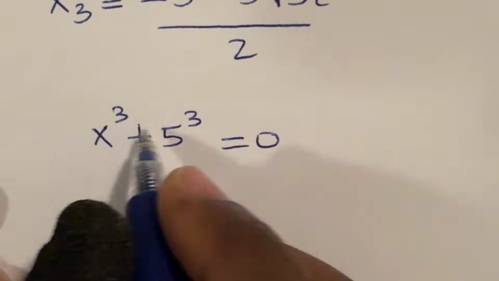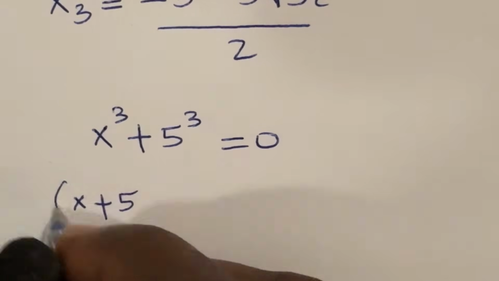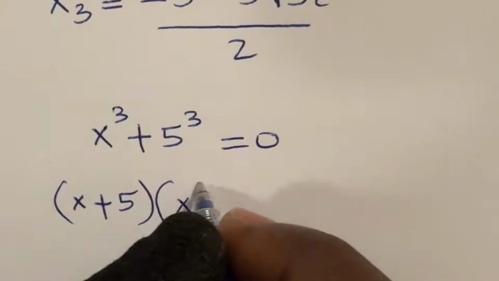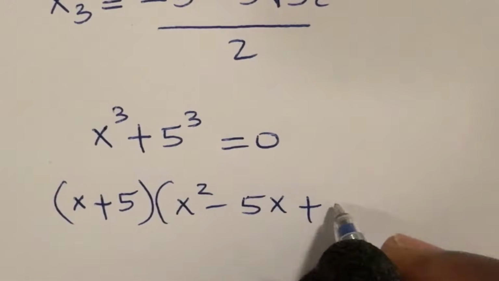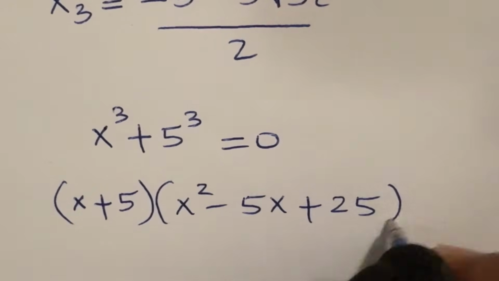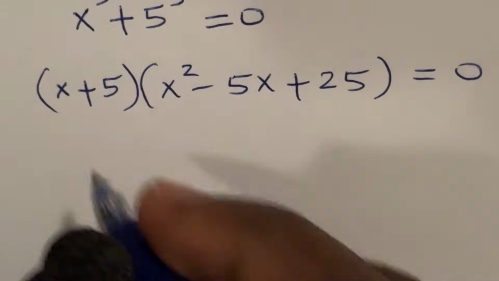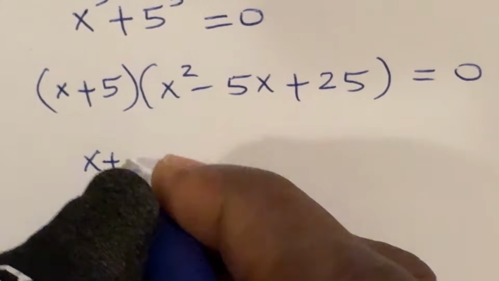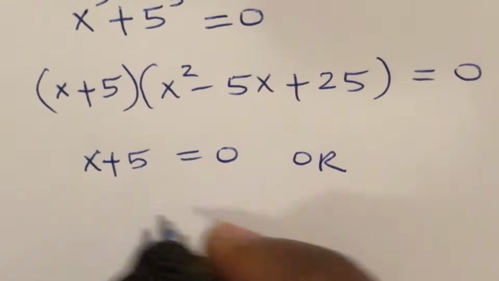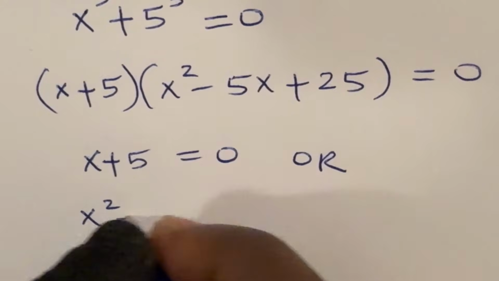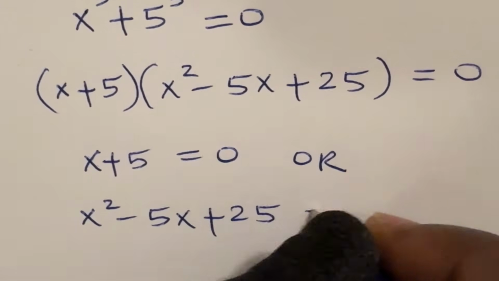We already have an expression for this, which is x plus 5, then x squared minus 5x plus 5 squared, which is 25, is equal to 0. So from here, we can say x plus 5 is equal to 0, or x squared minus 5x plus 25 is equal to 0.